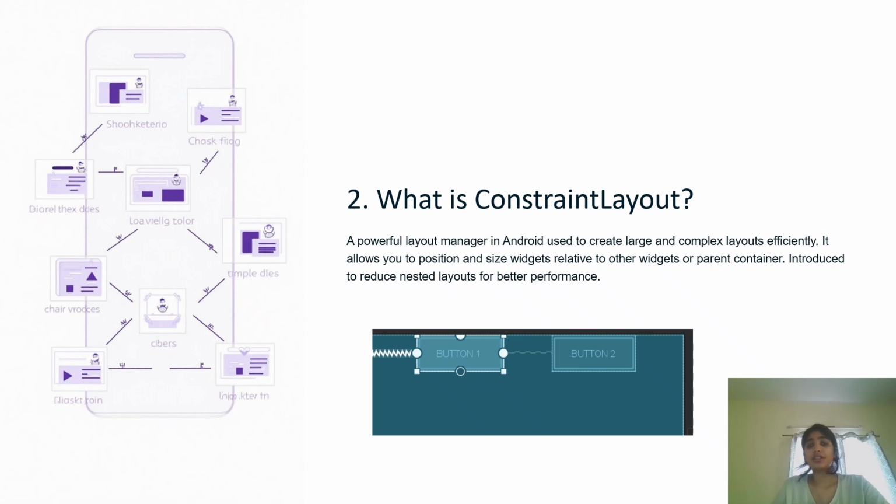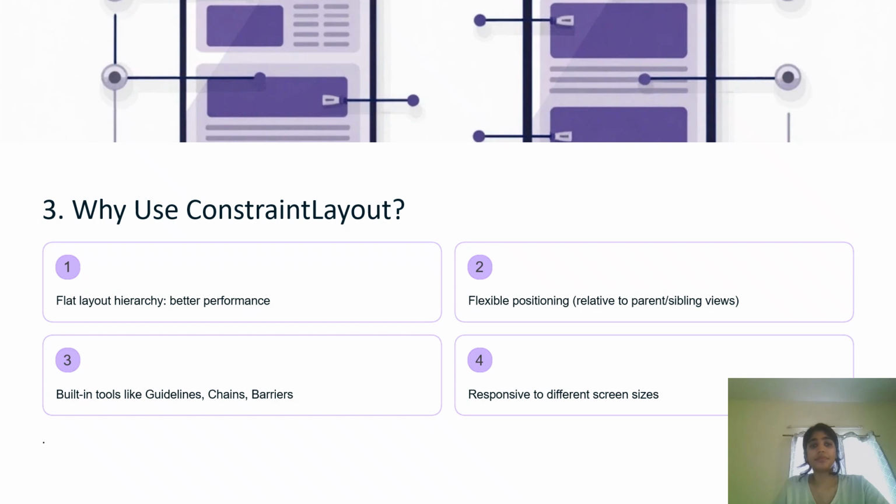This is an example of constraint layout, which is buttons. Now, why do we use the constraint layout? We have many advantages, not only these four: improved performance, easy to design visually, fully supported by the layout editor in Android Studio, highly flexible, allows complex UI positioning and alignment with simple constraints.